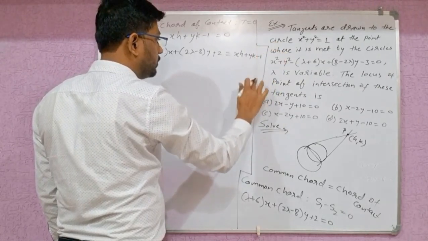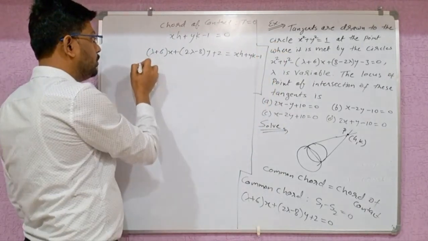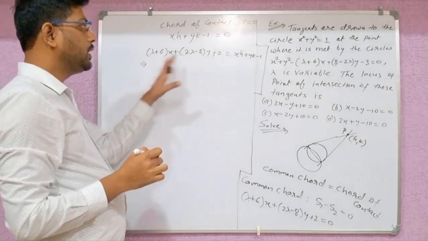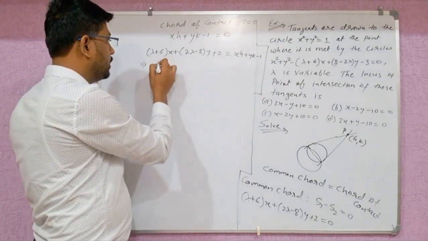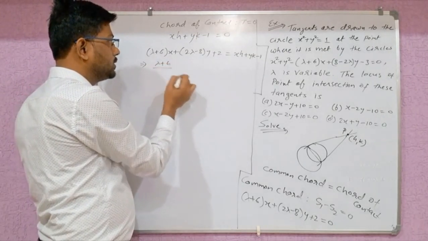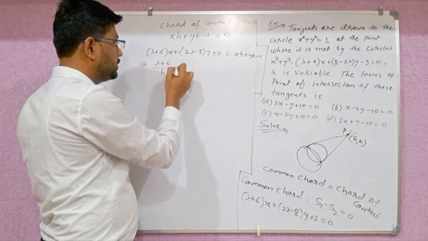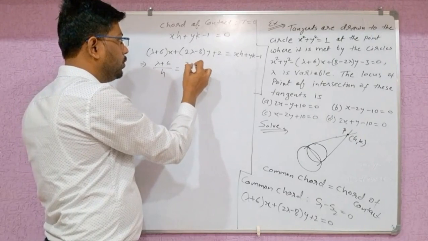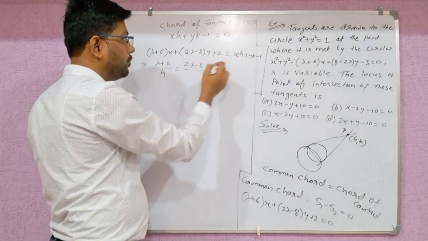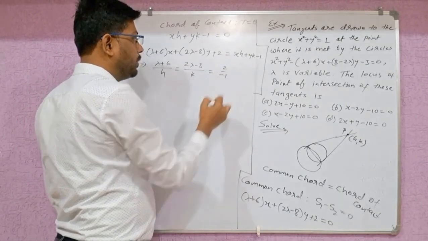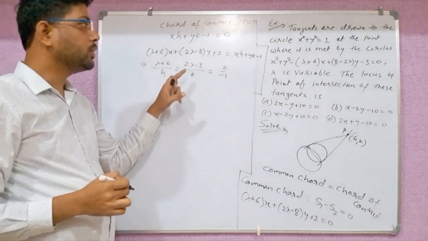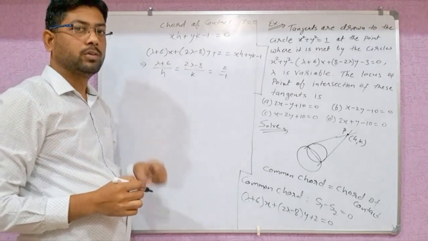Now on the left hand side and right hand side I can compare the coefficients: lambda plus 6 by h is equal to 2 lambda minus 8 by k is equal to 2 by minus 1. I have compared the coefficients of x, y and the constant term.